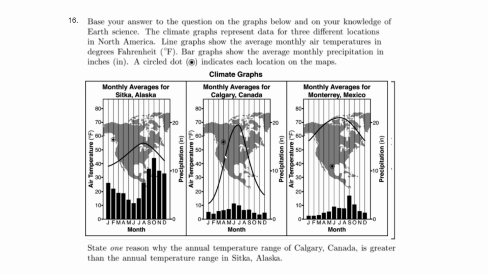So, say one reason why the annual temperature range of Canada is greater than the annual temperature range in Sitka. Remember, the annual temperature range is the difference between how high the temperature is getting versus how low the temperature is getting. Canada has a higher temperature range because the difference between the highest and lowest temperatures is huge, right? But compared to Alaska, at least.